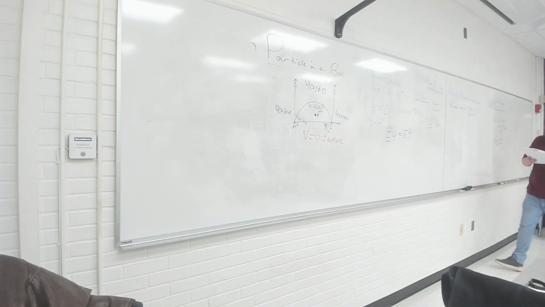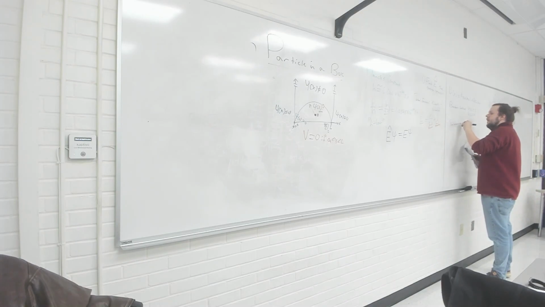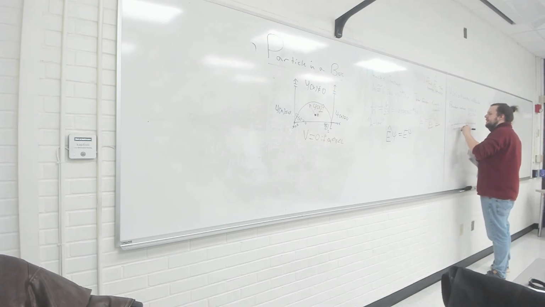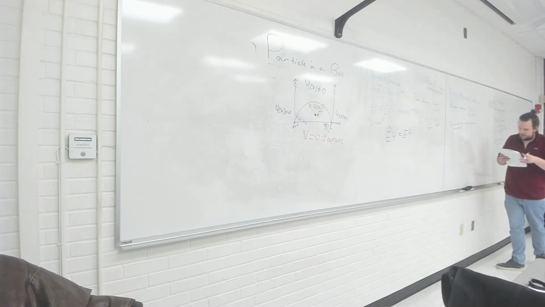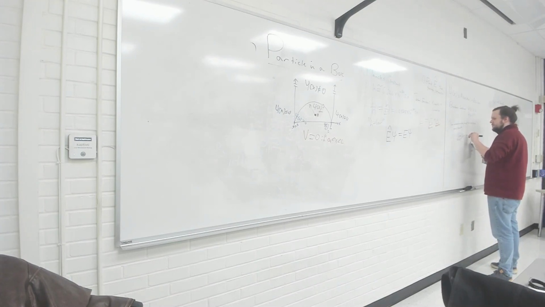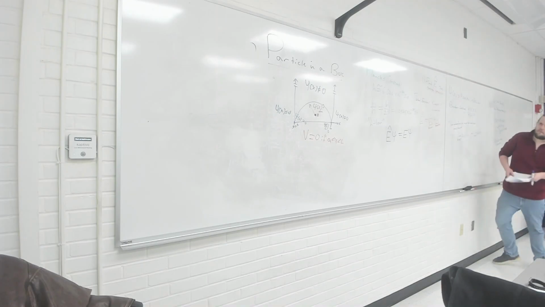Not only that, the wave function must be continuous and smooth. So it can't have any divots in it or places where it doesn't exist. So the limit as x goes to 0 from the right of psi goes to 0, and the limit as x goes to L from the left of psi must also be 0. So what does that mean?